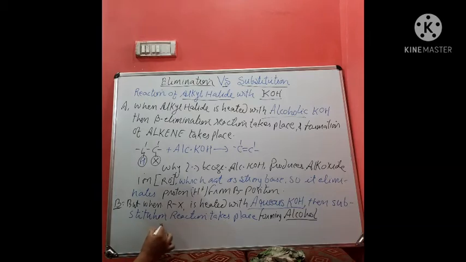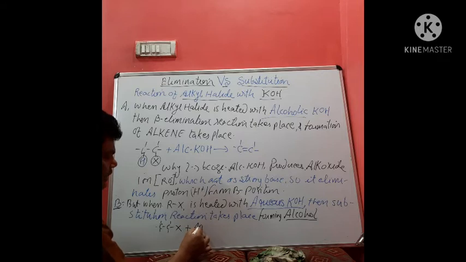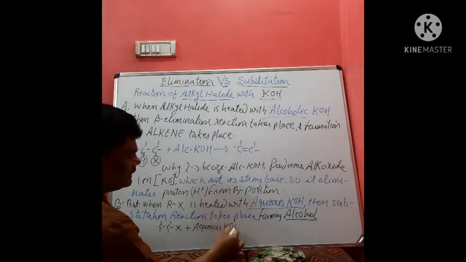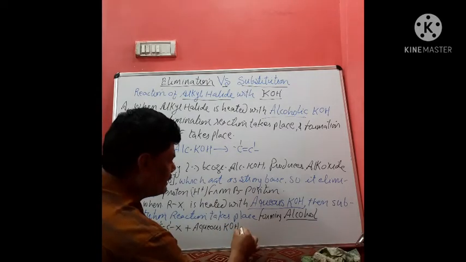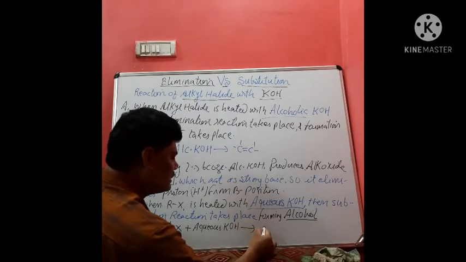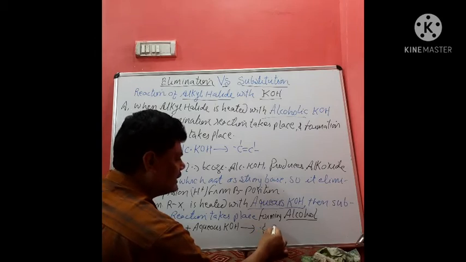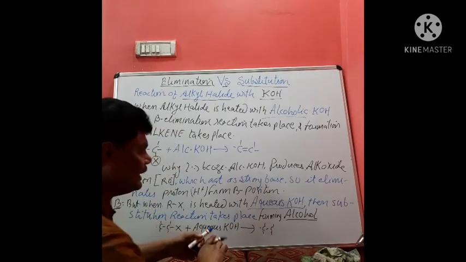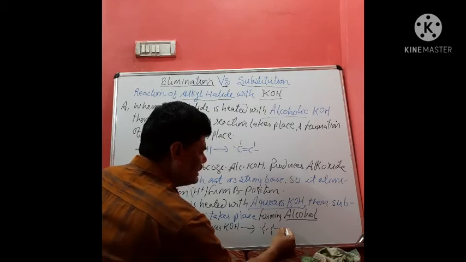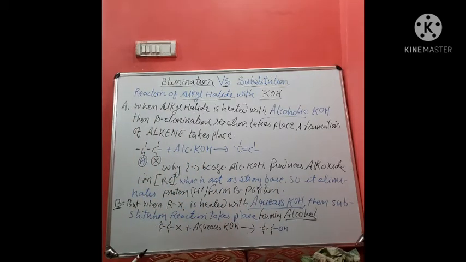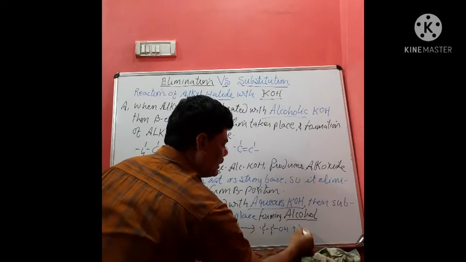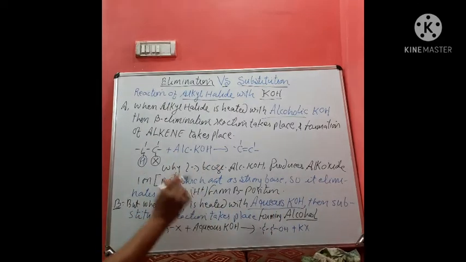Say CH3CH2X plus aqueous KOH. So here the substitution takes place. Thus CH3CH2, and X is substituted by OH group, forming KX. Now why?